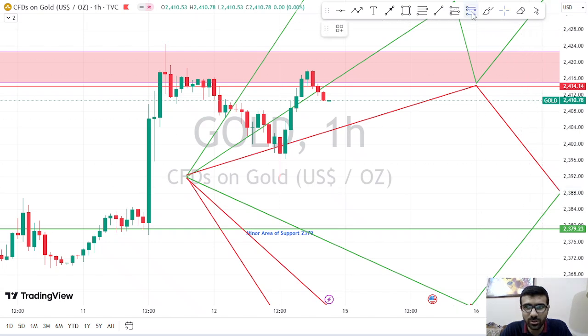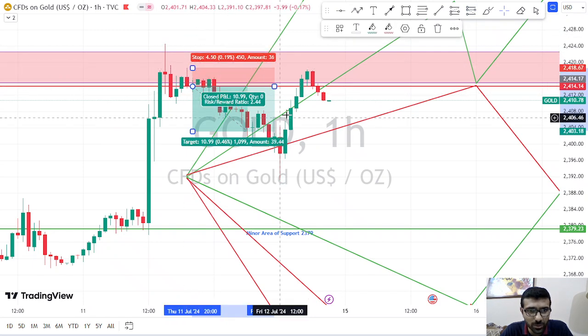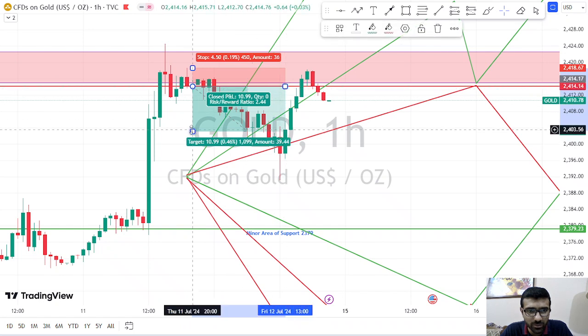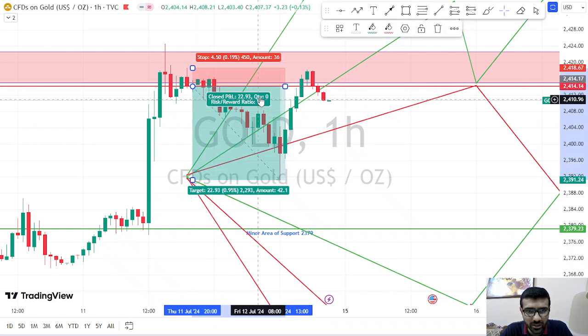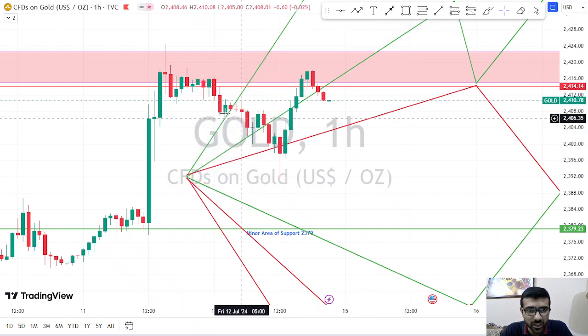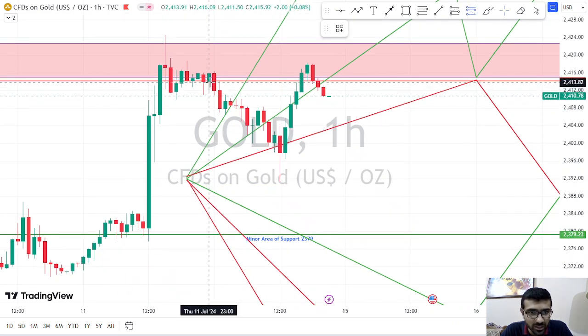Okay, so this will be your possible trade number 4 when market closed with the red candle at the 2414 level. This will be your stop loss, and your possible take profit will be approximately over here. This trade would have given a 5.1% profit. Then once again market gave us an opportunity to sell over here, so we could take another possible selling position from here.